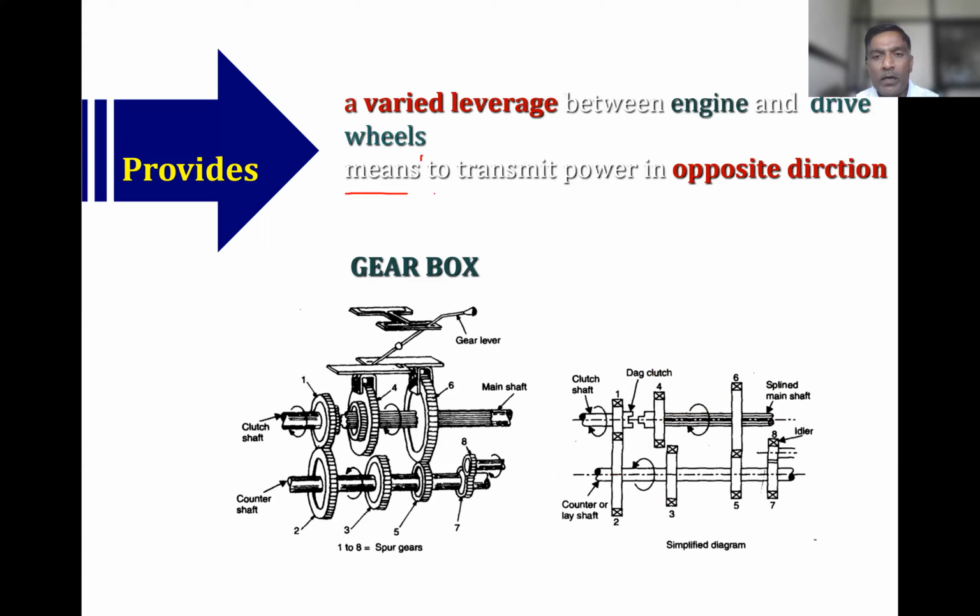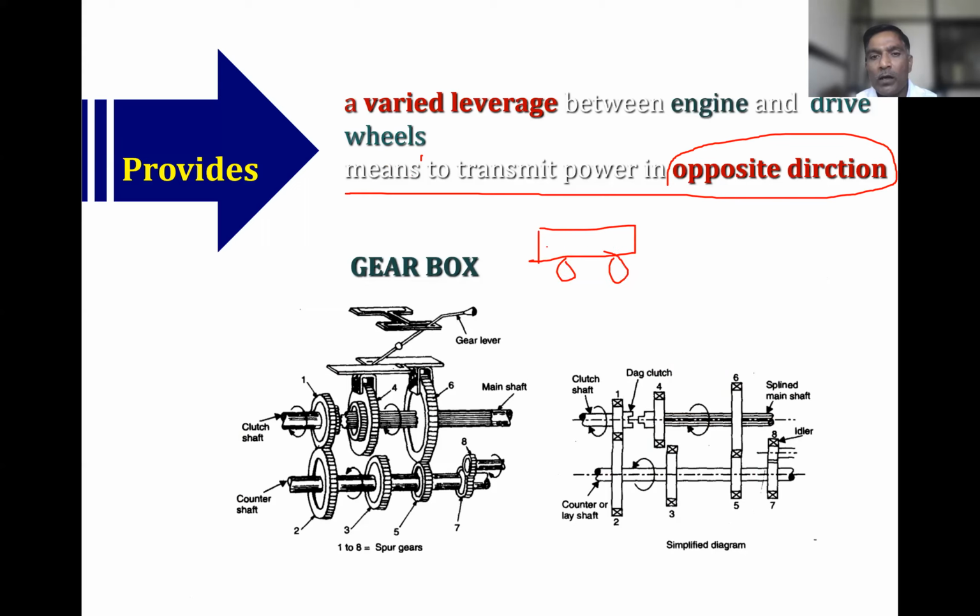Then the second requirement. Suppose this is the vehicle and this vehicle is moving in this direction, and now we need to have a reverse motion of the vehicle. For that, what do we require?